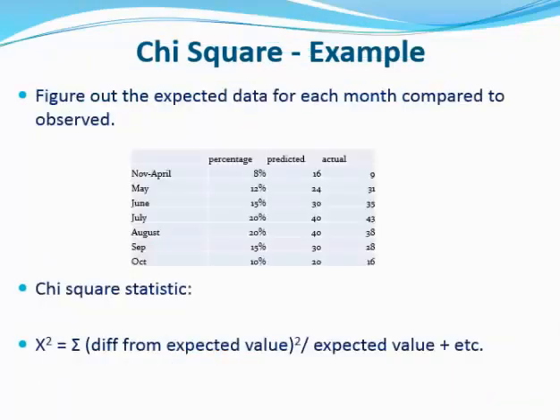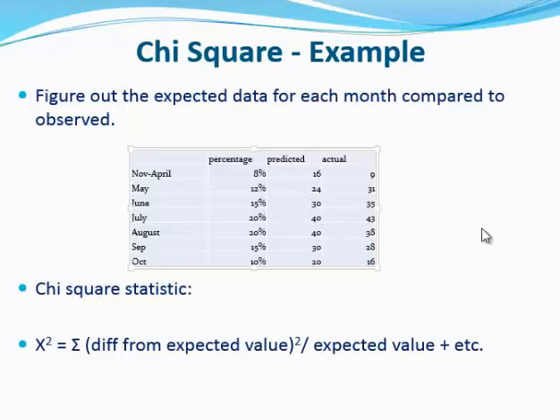So, the first thing you need to do is figure out what the predicted data was, and then determine how far away the actual results are from your original prediction. I'm sorry, take the prediction originally, and then take what actually turned out, and see how close they are for each individual component of it.